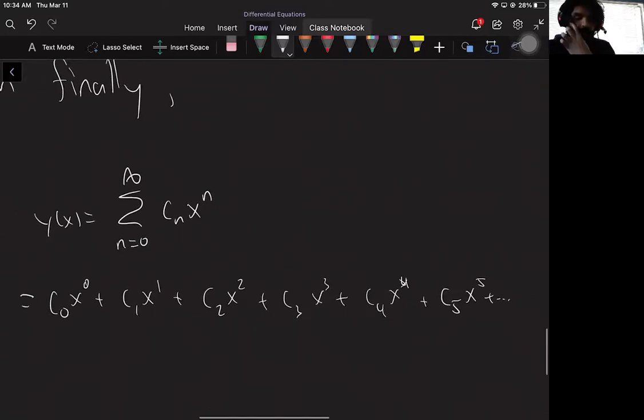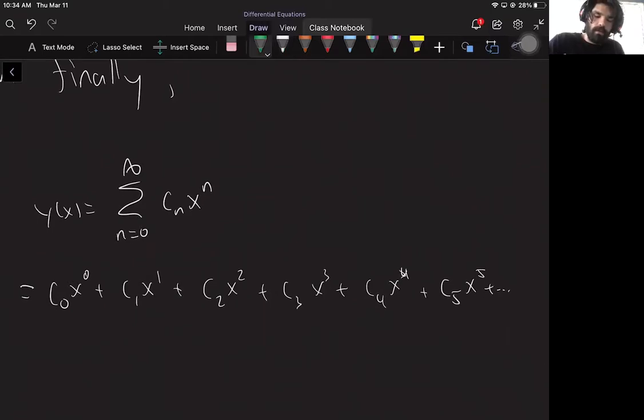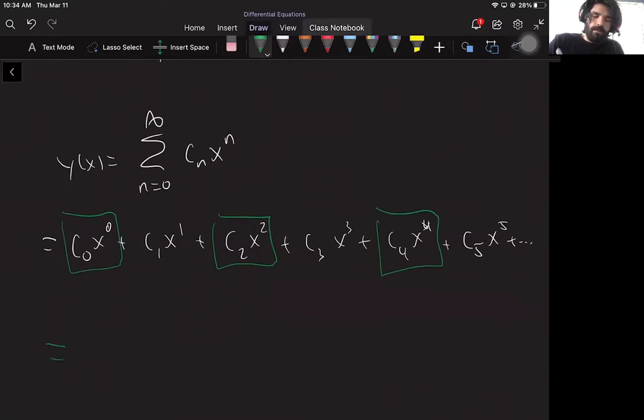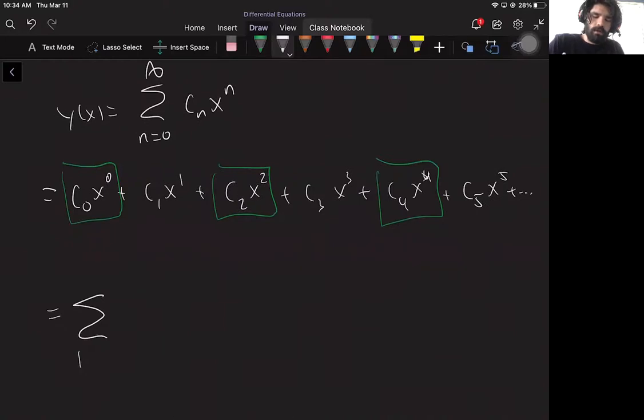If I do that, and then I group up the evens, I can write those ones all in terms of C0.